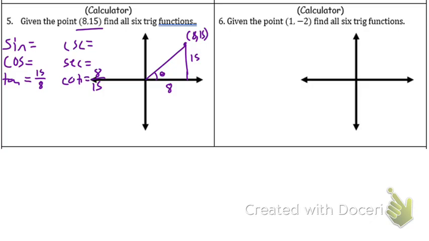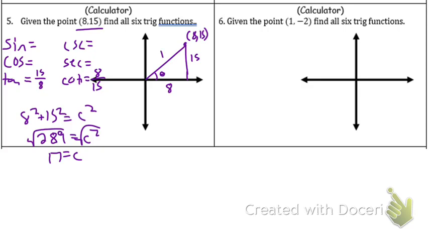So we can find the hypotenuse by using the Pythagorean theorem. 8 squared plus 15 squared equals c squared. I'm going to call that my hypotenuse. This side comes out to 289. If I take the square root of all of that, I get 17. So I'm going to go back and label my triangle.